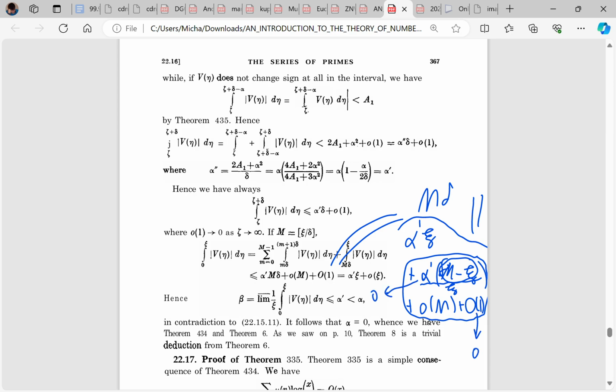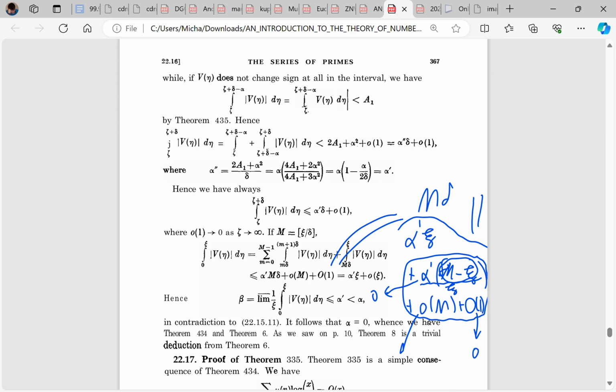This is a constant, so that'll go to 0. And little o of m, well, m is xc on delta, so it's getting bigger and bigger with the xc.